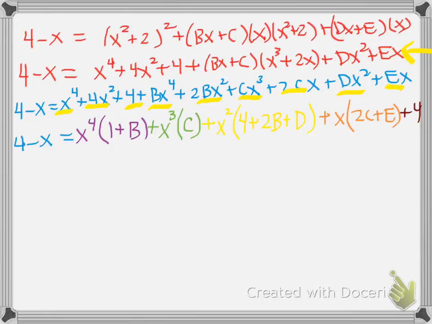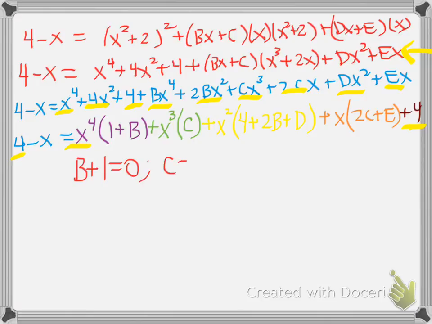And it's nice because that's the only constant, right? So the 4s are already balanced. So that tells us what? We don't have any x to the fourth on the left-hand side, so 1 plus b equals 0.